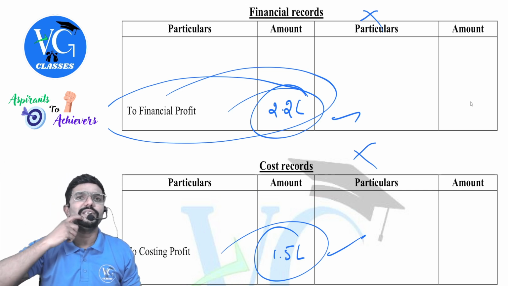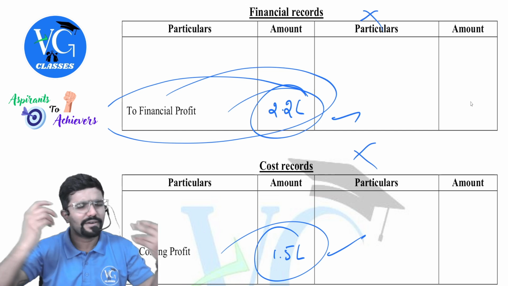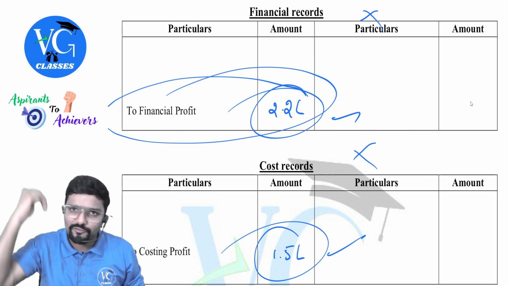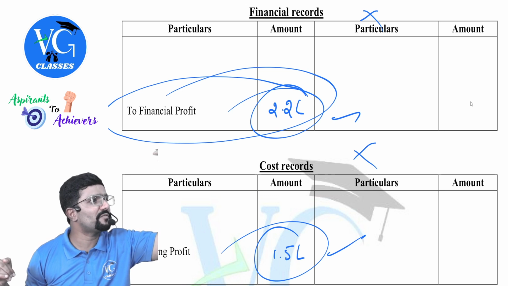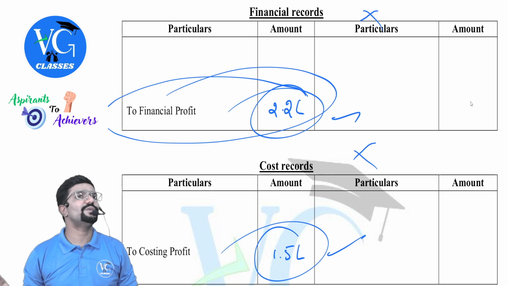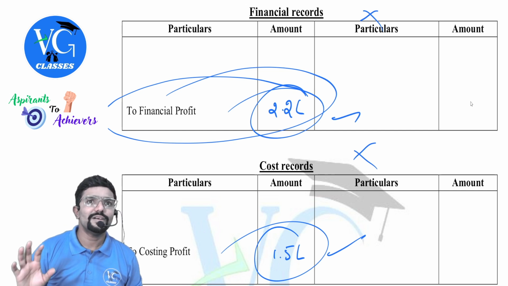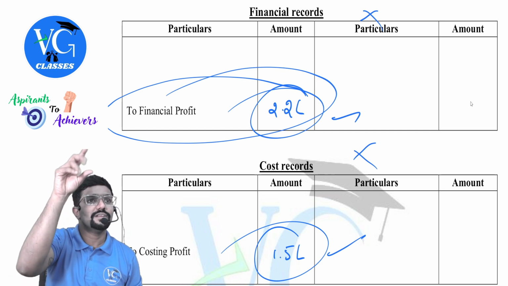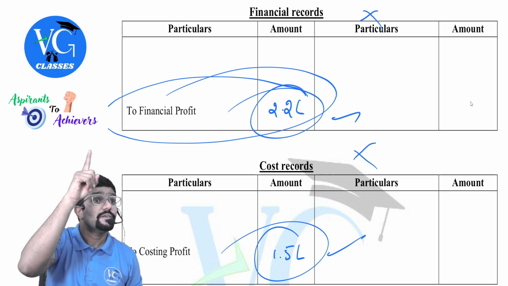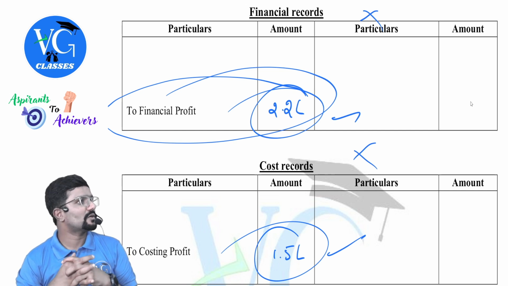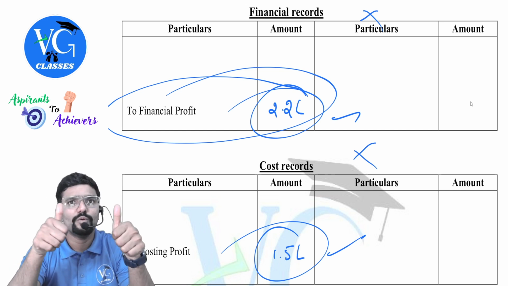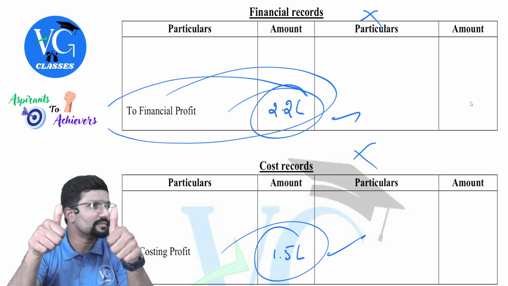Sir, there was a mistake committed in costing books, they have under recorded or over recorded something, because of which costing profit has come down. Now your starting base is financial profit. What do we do? You deduct. Clear? Because my starting point is financial, any adjustment I make is for financial profit and not for costing profit. Hope you got it. Clear?